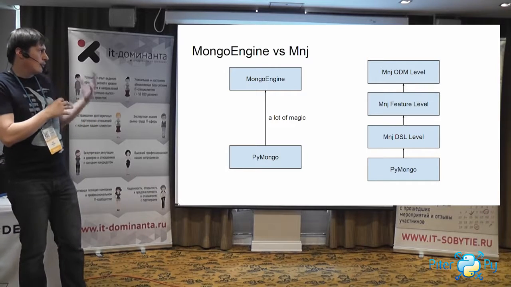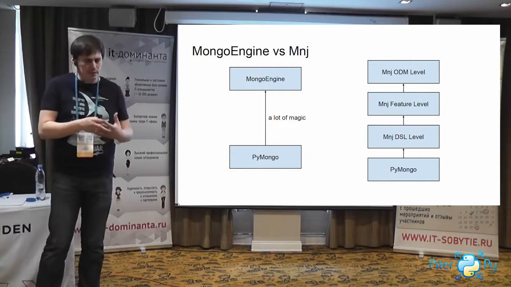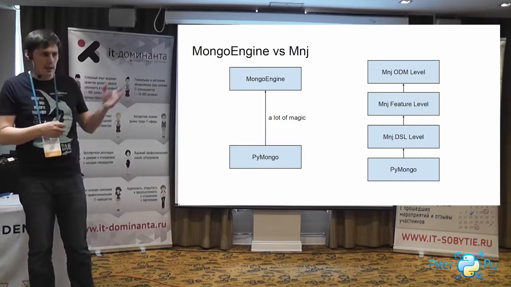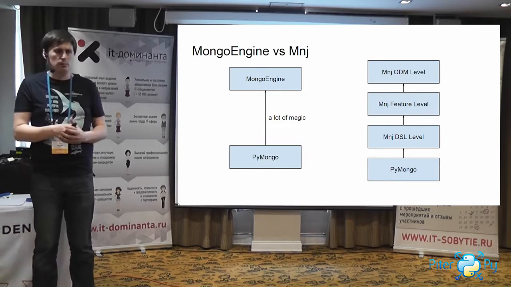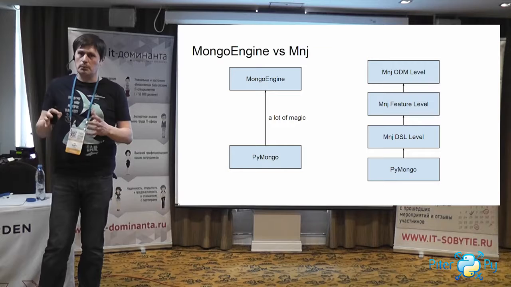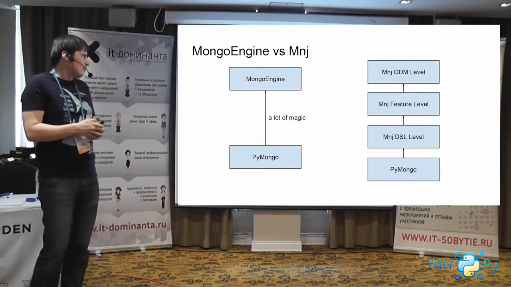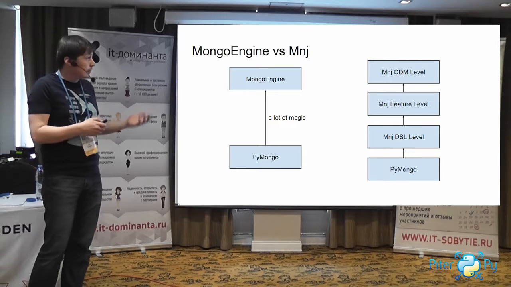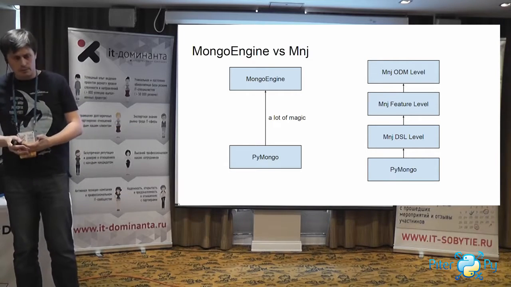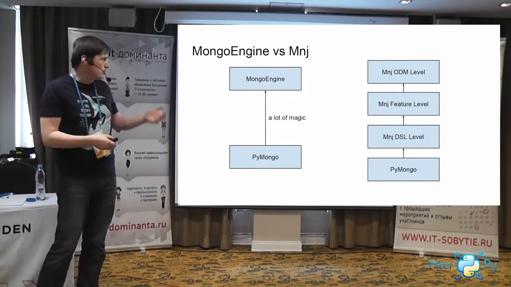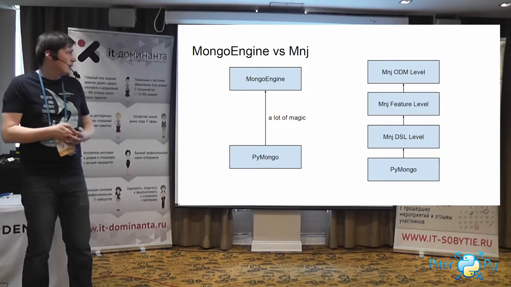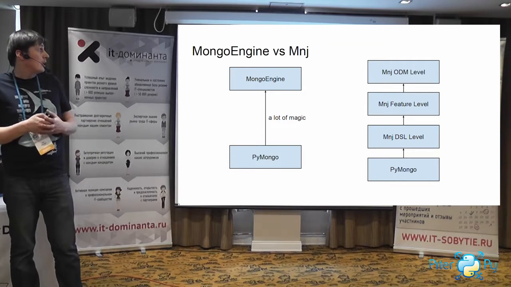On top of it, we'll have soon, it's already there, but it's a bit unstable, an ODM level. And you can use it, or you can use the DSL directly, it doesn't matter.